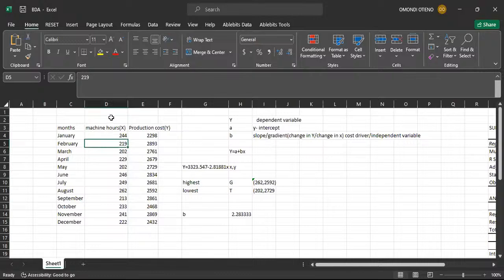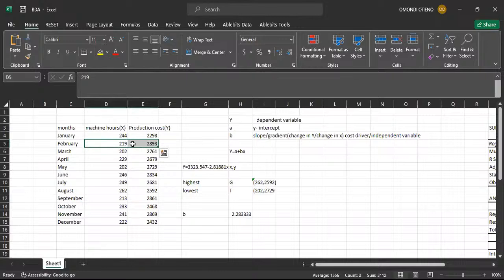What is our cost driver column? Machine hours. We looked for the highest value here and we got 262 to be the highest value. This 262 corresponds to 2592. We even have 2861, 2869, which is the highest value in this particular column. Actually, we have even 2893, but it does not correspond to the highest value of the cost driver. So we cannot pick this pair to be the highest values pair.